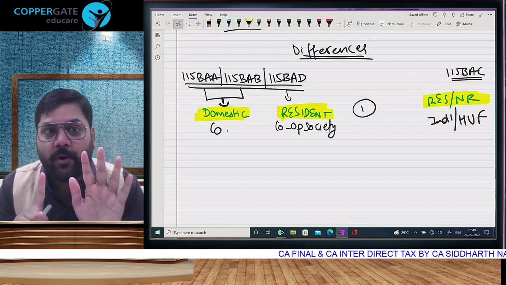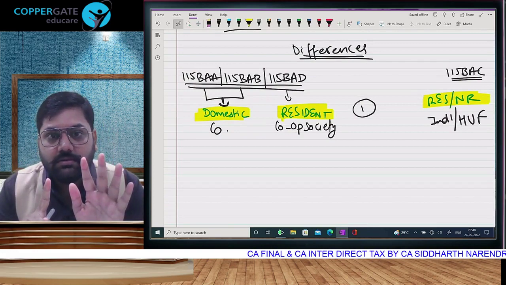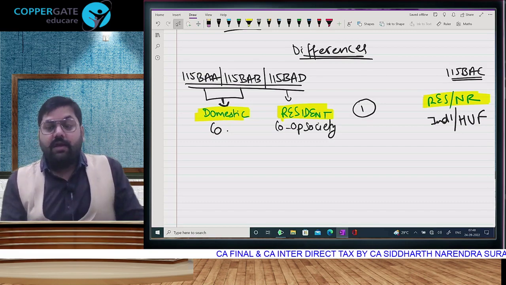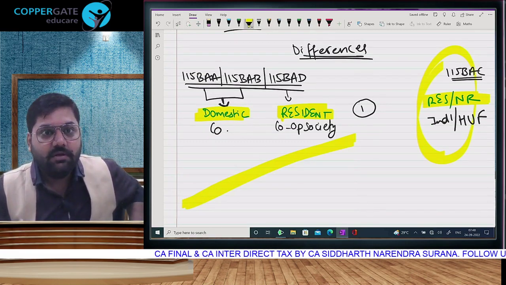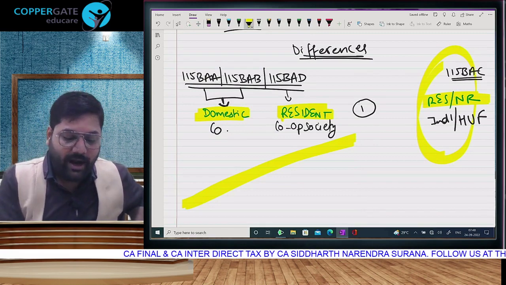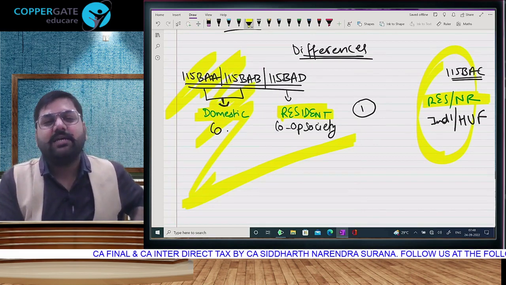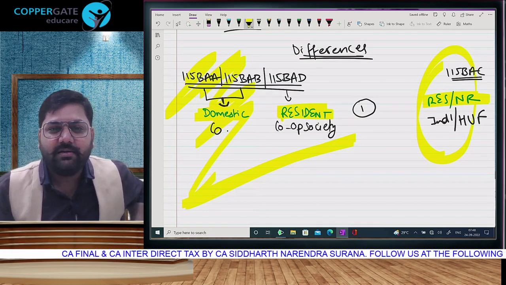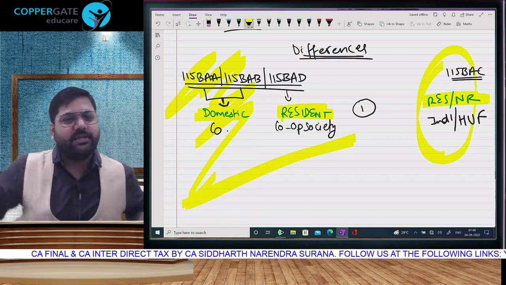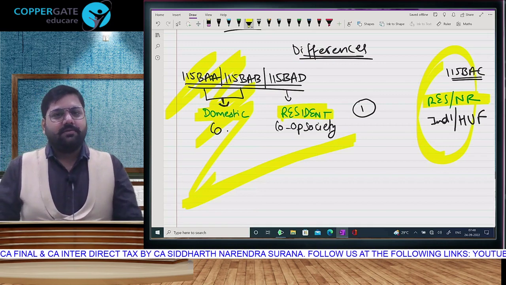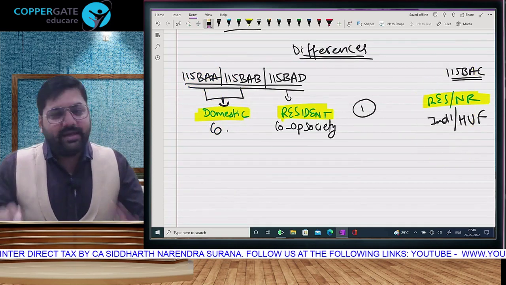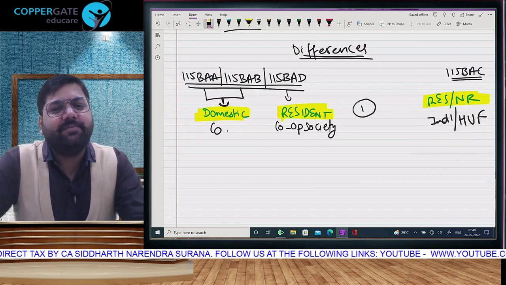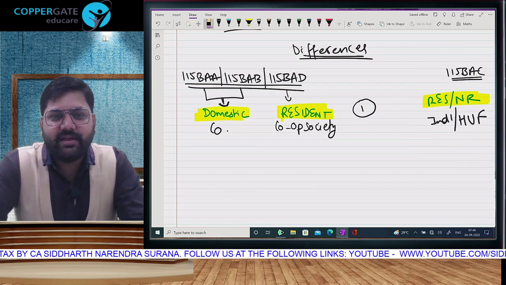There are 6 common points, but one difference, and the difference is only here. So these 3, everything is same, and because everything is same, I don't want to teach these 2 sections, but because it is same, I am just writing it. I am going to teach these sections in the company chapter, next. Ideally, I want to teach you difference between BAC, BAD, because those 2 I am covering in this chapter.